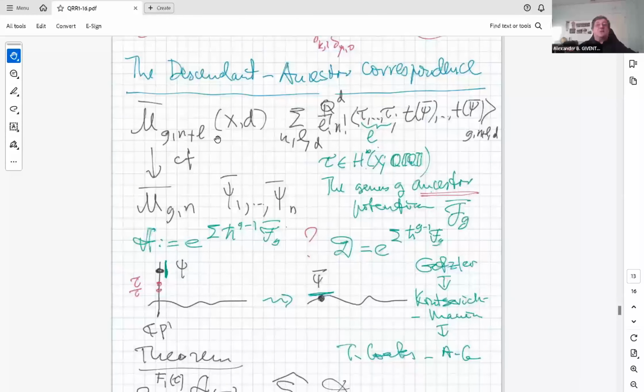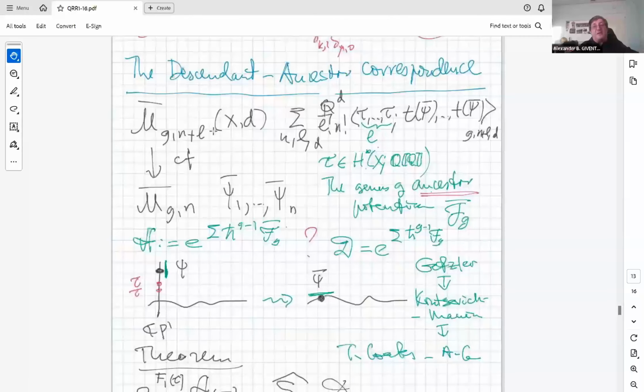A point here is represented by a holomorphic map of some curve to X, with n plus L marked points. Now, I can forget the map itself and try to remember only the complex structure on the curve, including the marked points, except that I also forget the first L marked points.